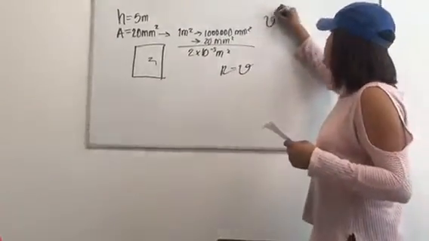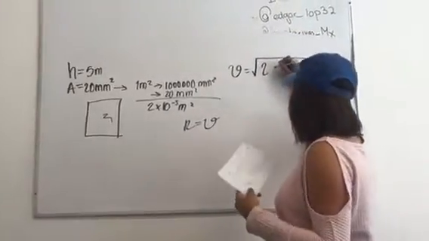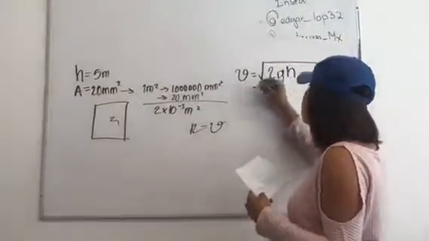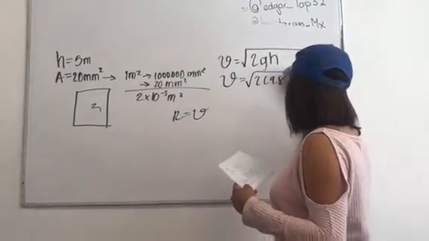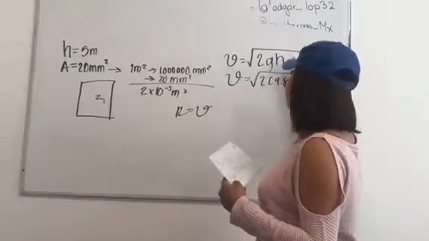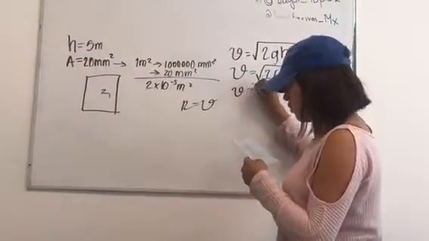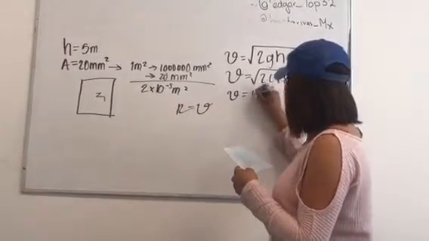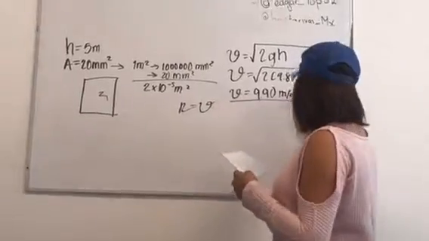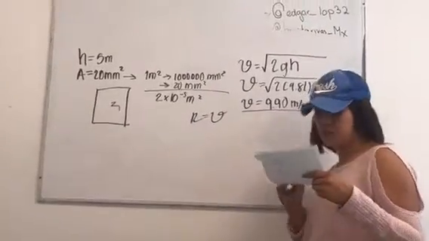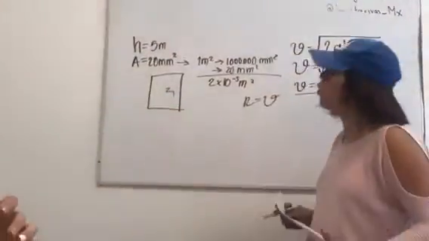So we have this formula that velocity is the square root of 2 times gravity times height. So it's the square root of 2 times 9.81 times the height, that is 5. So the velocity is 9.90 meters per second. That's the first result.